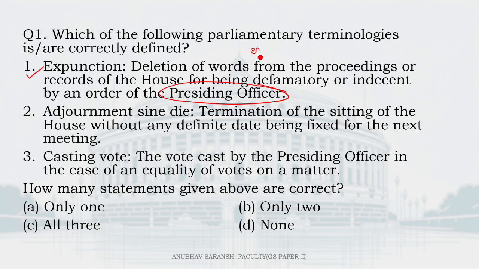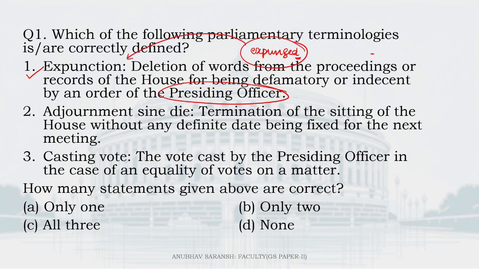Expunction means the procedure wherein the presiding officer would remove those words which the House considers as unparliamentary, right? And those words will then no longer make it to the records of the House. This is called the word has been expunged, has been removed, and this is what is called expunction.